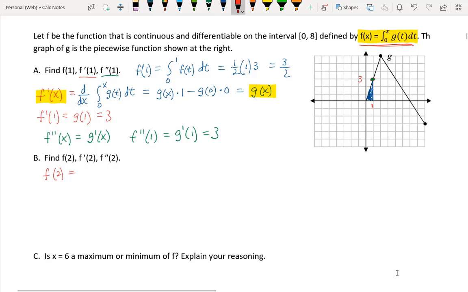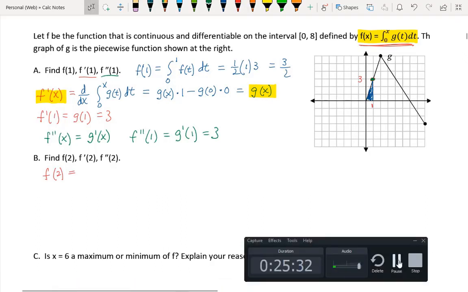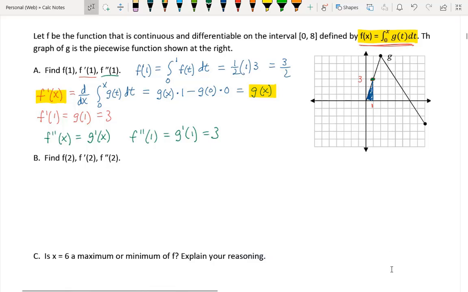I'm one step ahead of myself here. Let me back up a second. So on to part B, I need to find f of 2.